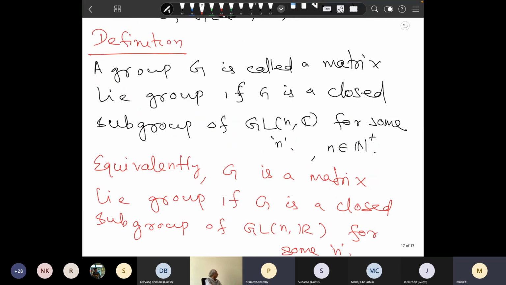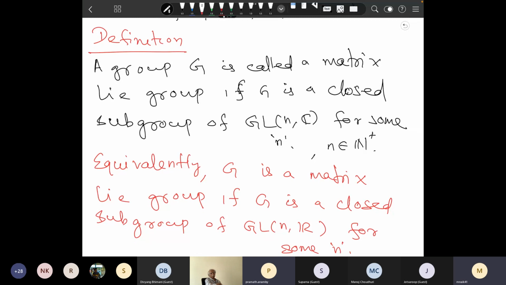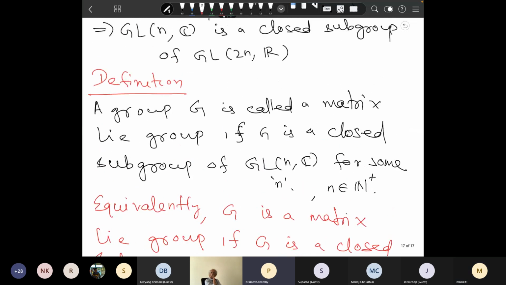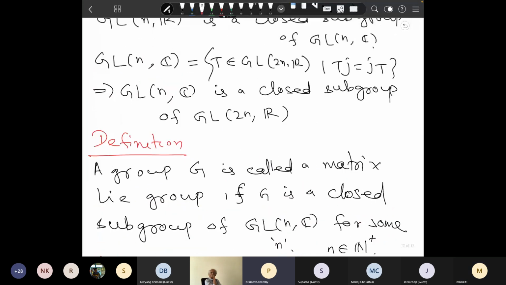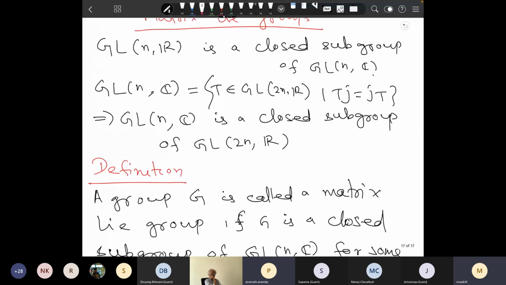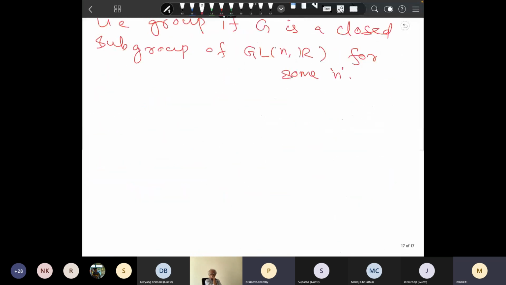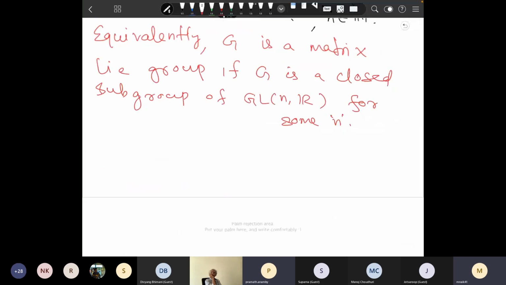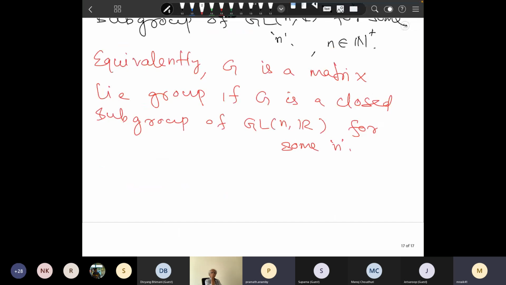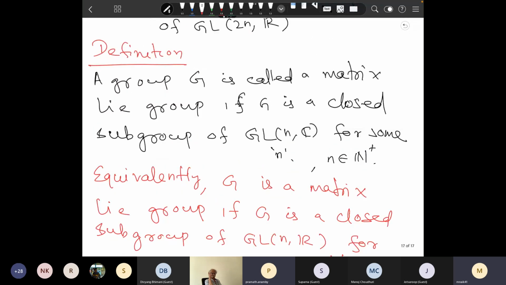Since GL_n(C) is a closed subgroup of GL_2n(R) and GL_n(R) is a closed subgroup of GL_n(C), these two definitions are really equivalent. However, we will always use the first definition.